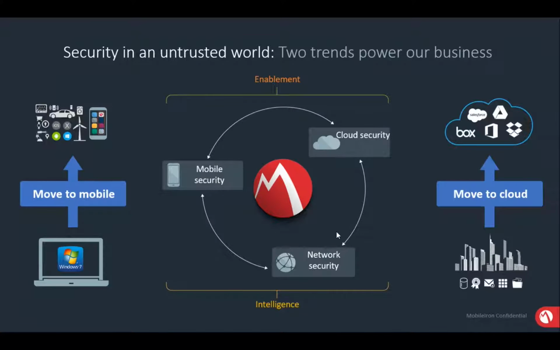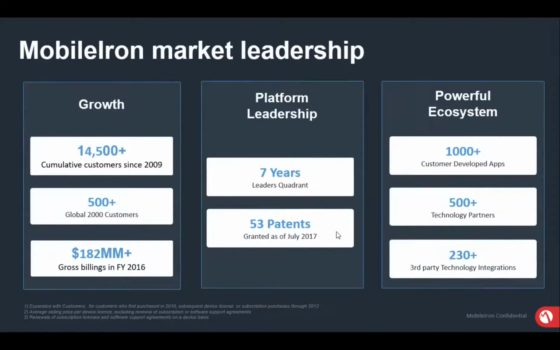So MobileIron is a single platform that helps you control both places, whether you have resources on the cloud or on-prem, or even if the user is having a laptop or mobile devices like phones or tablets.